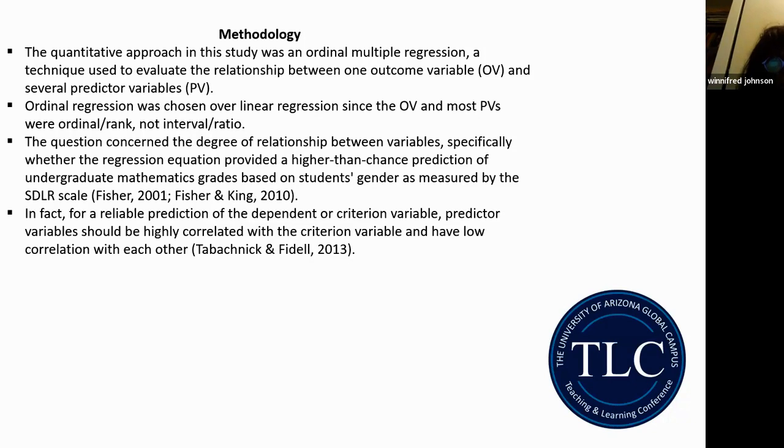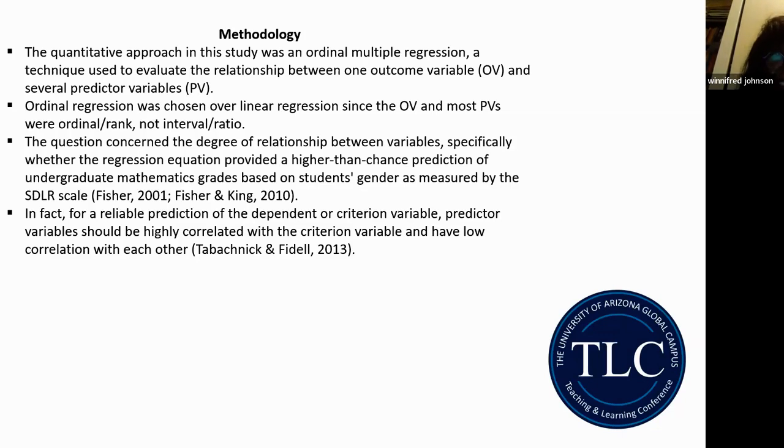Methodology. The quantitative approach in this study was an ordinal multiple regression, a technique used to evaluate the relationship between one outcome variable and several predictive variables. Ordinal regression was chosen over linear regression since the outcome variable and most predictive variables were ordinally linked, ordinal rank, not interval ratio rank.